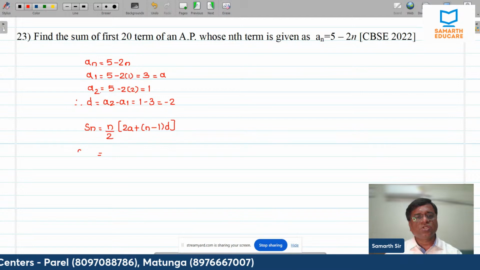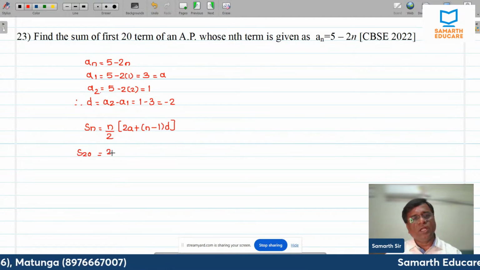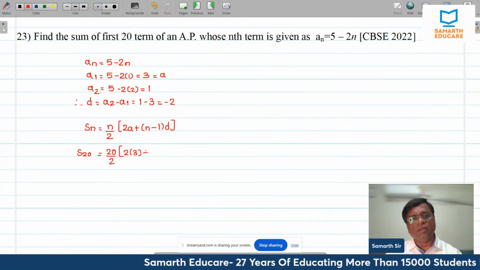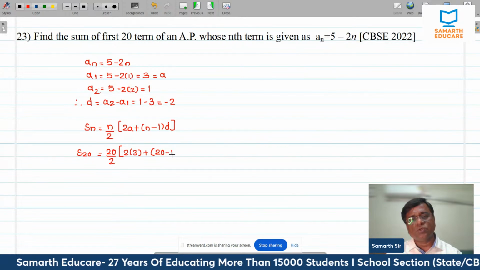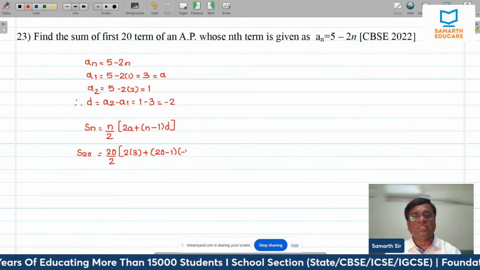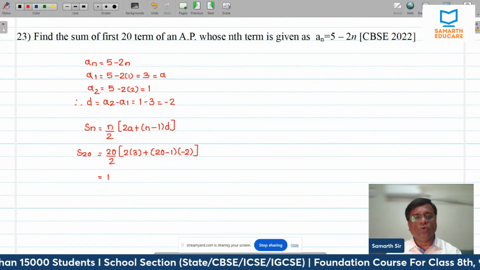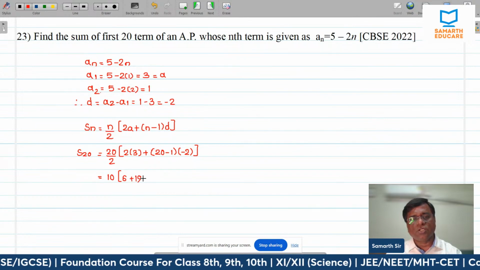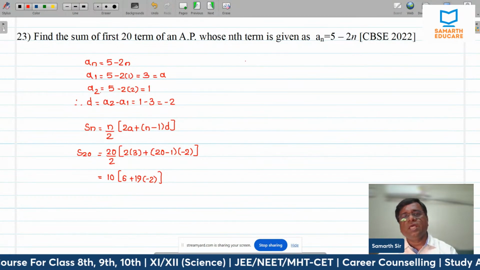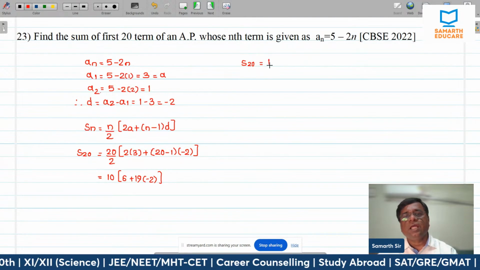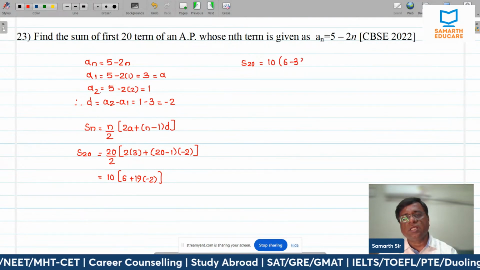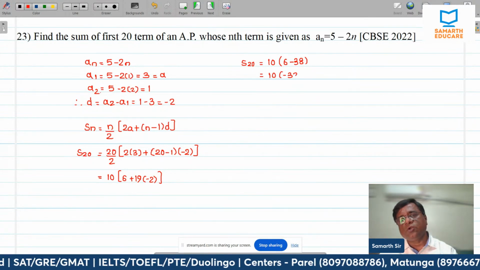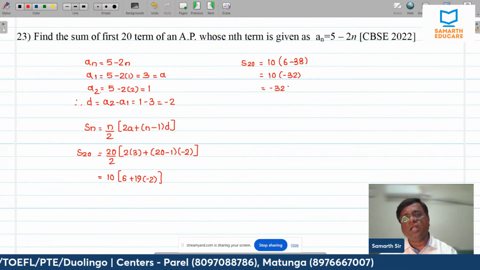So S20 is equal to 20 upon 2 into 2 times a, which is 3, so 6, plus n minus 1, that is 19 into minus 2. If you can't write it directly, write it out properly. So 20 upon 2 is 10, so S20 is 10 into 6 minus 38, which is 10 into minus 32, and my answer would be minus 320.